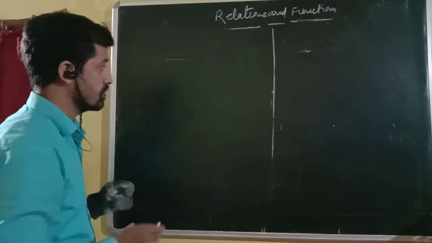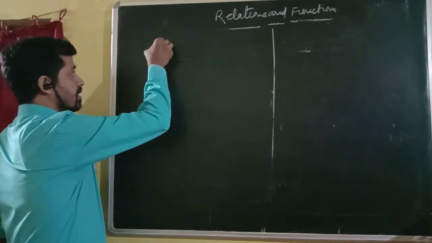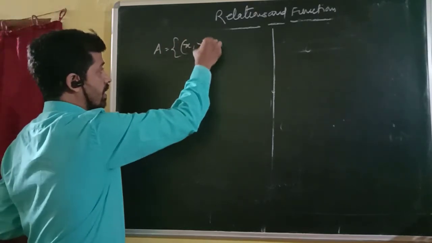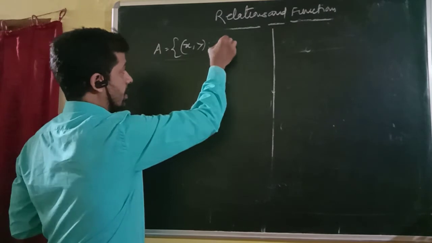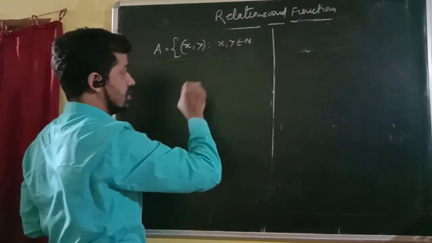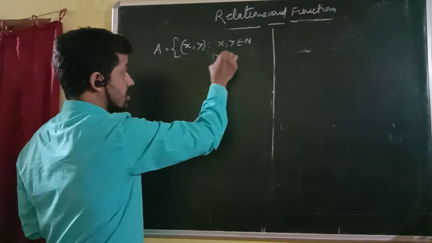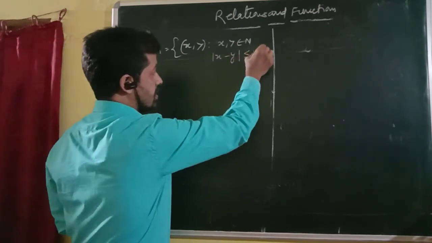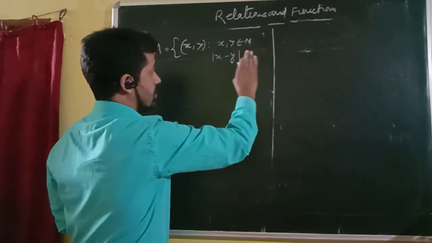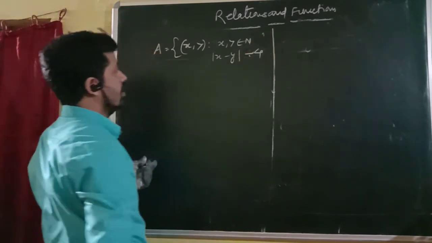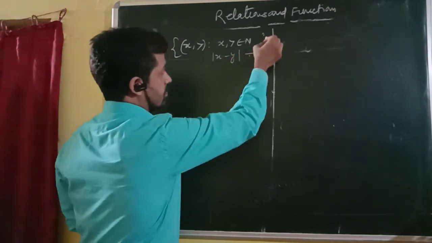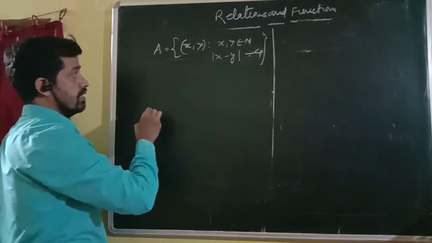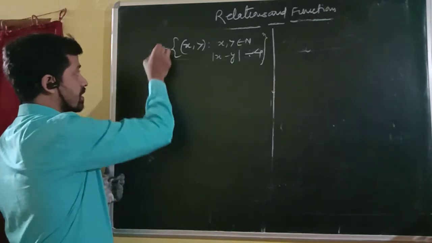I take one more question of NCERT, that is, set A is there containing elements x, y, and x and y both are natural numbers, and the condition is that modulus of x minus y is divisible by 4. This condition we write. And sorry, this is the relation.